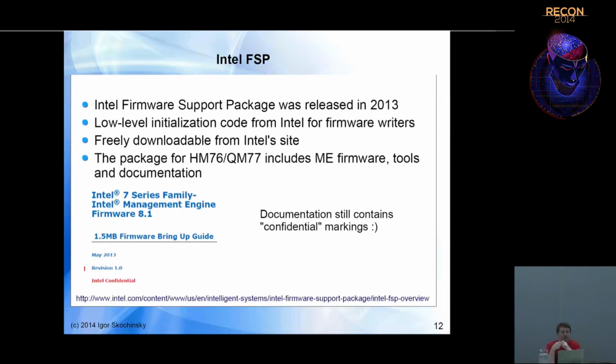This contains the low-level initialization code from Intel, so that you can take this binary blob, run it, and then it will initialize all the low-level stuff, and then you can continue with your booting or whatever you do in your bootloader. This was freely available from Intel's side, and in one of the packages, I don't know if they did it by accident or it was intentional, they actually put this ME firmware kit complete, and they even didn't remove the Intel confidential markings.